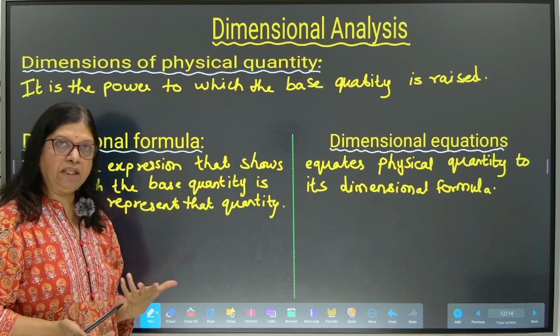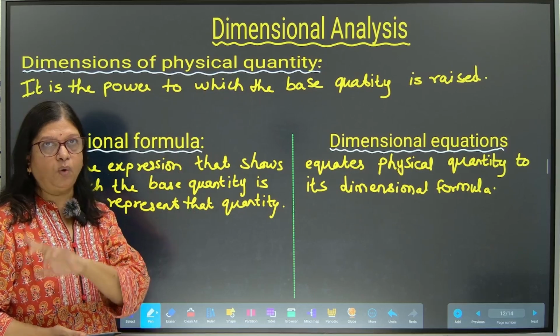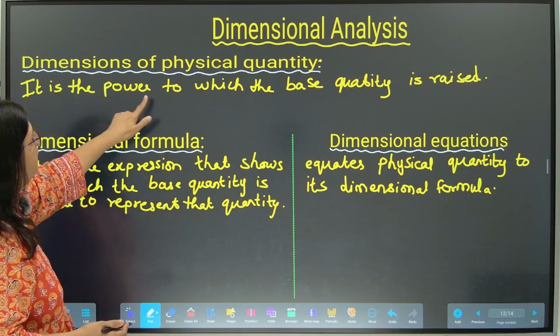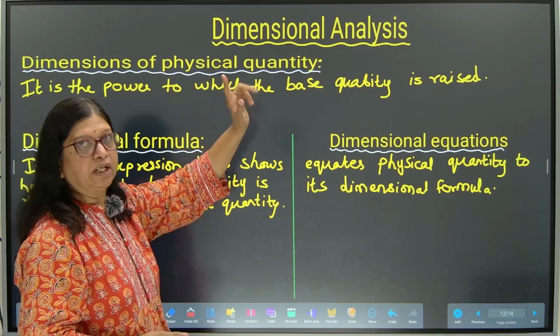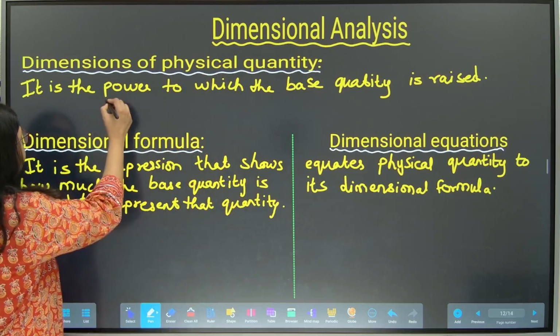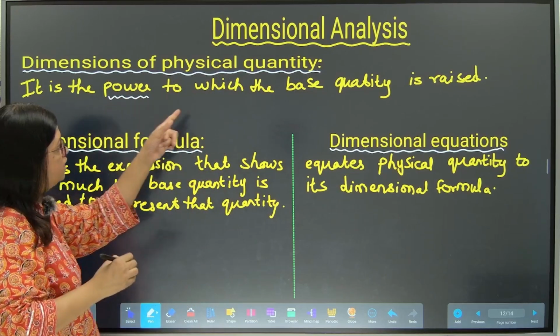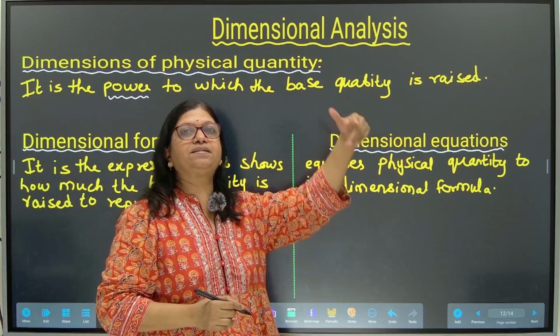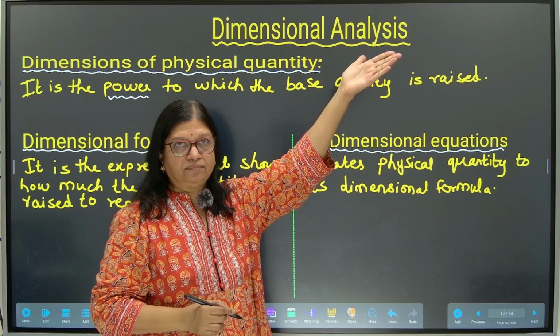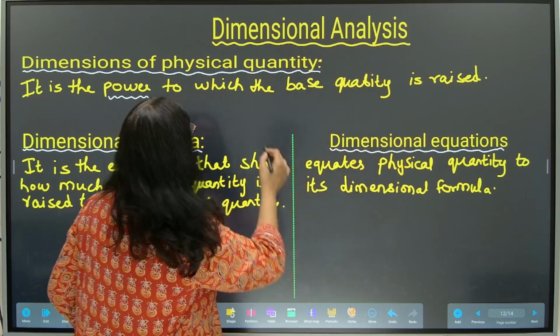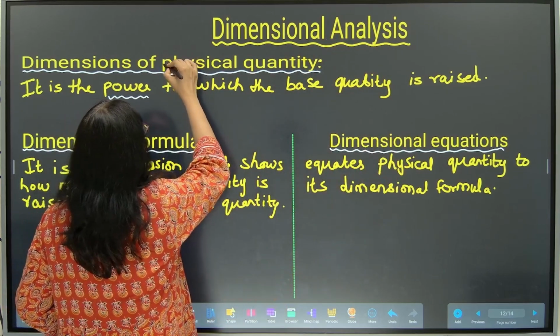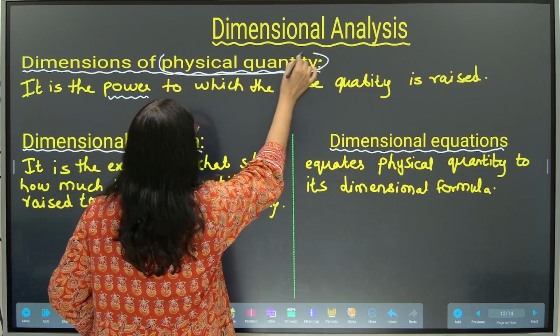Now what is the meaning of a dimension of a physical quantity? It is the power to which the base quantity is raised to represent that particular physical quantity.